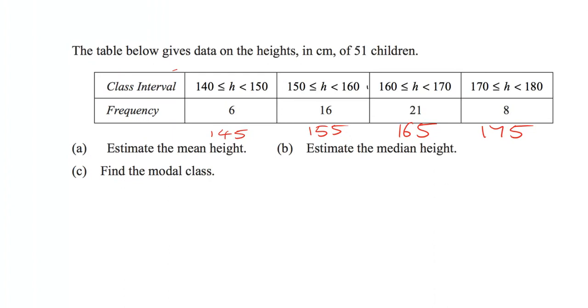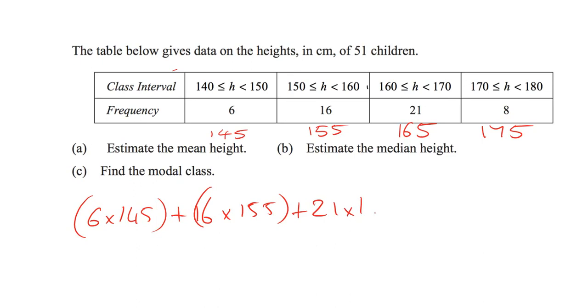So in the same way as we've seen in a previous video, we need to multiply frequency by those values to determine our answer. So we're going to need to do 6 multiplied by 145 plus 16 multiplied by 155 plus 21 times 165 plus 8 multiplied by 175.